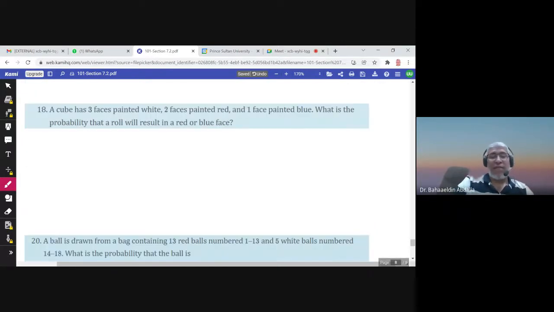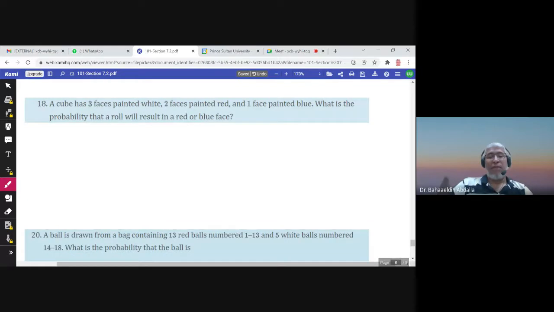A cube has 3 faces painted white, 2 faces painted red, 1 face painted blue. How many faces are there for the cube? 6. Okay. So what is the probability that a roll will result in red or blue? You know, it cannot be red and blue together, so these are mutually exclusive.